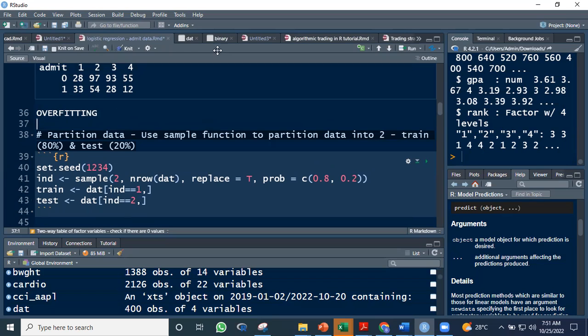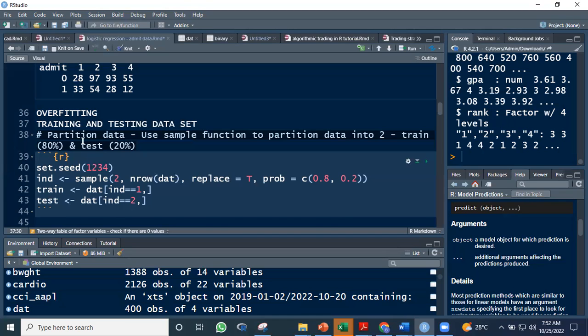So what do we mean by partition? We split the data into sometimes 2, sometimes 3, and call one part the training data set and the other one the testing data set. What's the purpose of this?